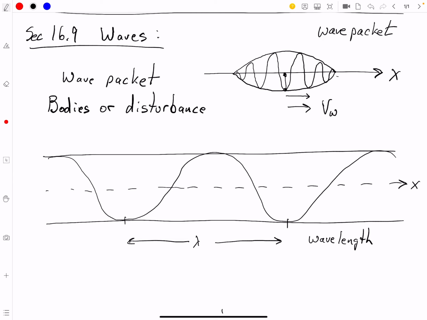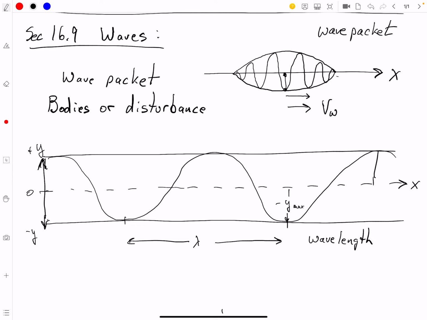And this is our y direction. Plus y, minus y, and 0. Okay, and what else? So this is minus y max.